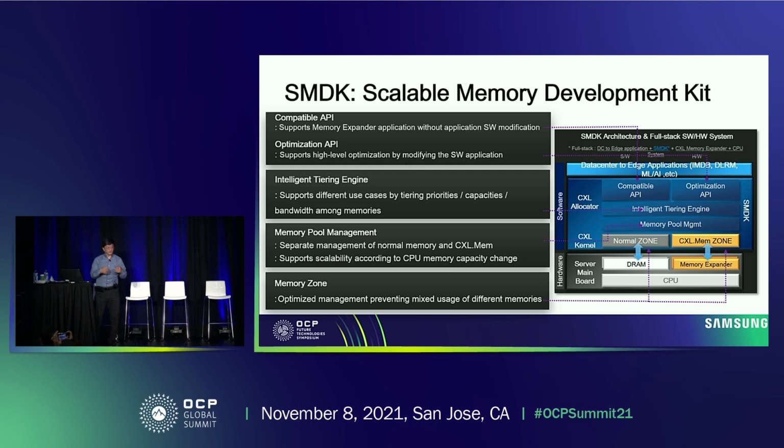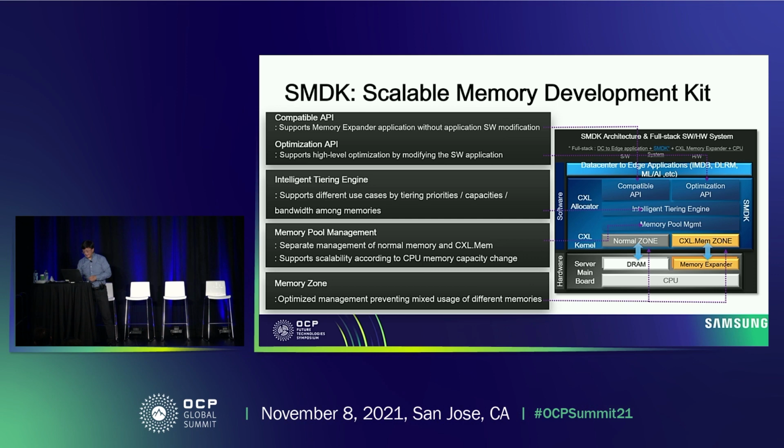And then as you go on and you want to start optimizing for application performance, you can start going back to the SMDK and looking at the different API calls, saying, oh, I can make this request and it will use this tier of memory as opposed to a tier of memory that's farther and longer, right? And these two sets of APIs are compatible so that you can easily move from one to the other.